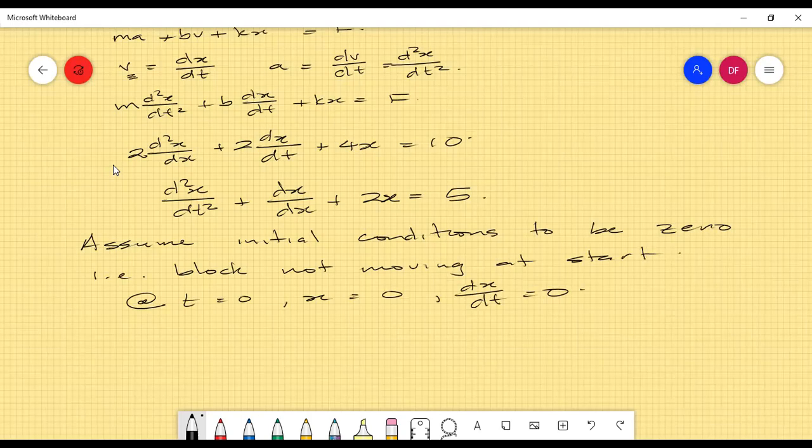So let us proceed. We're assuming that it was at the starting point and it was not moving, so the speed is 0 and the displacement is 0. So we're making those assumptions in the absence of any information.